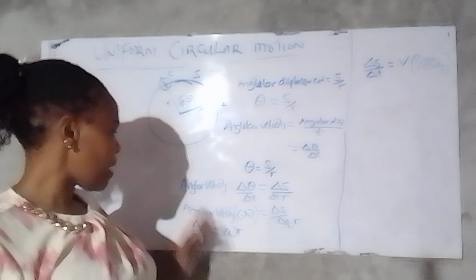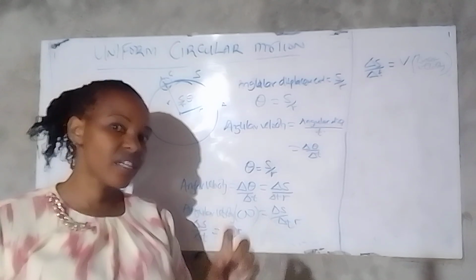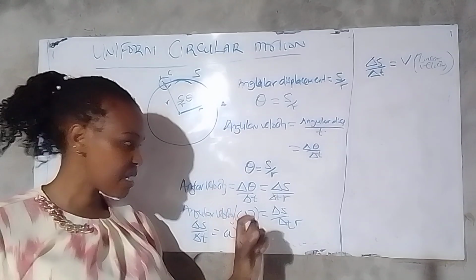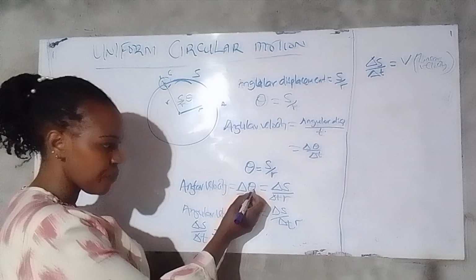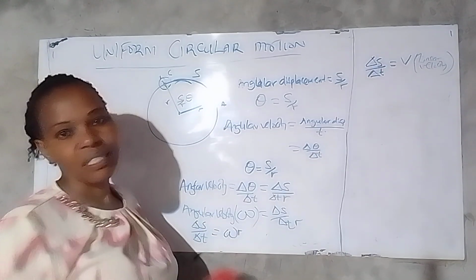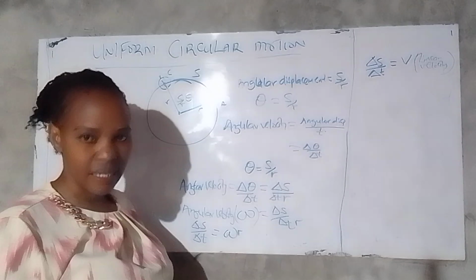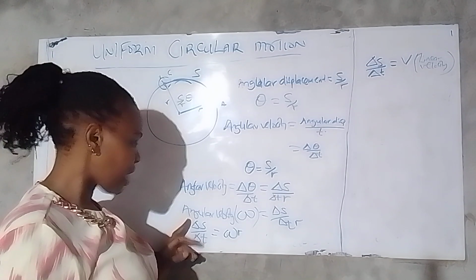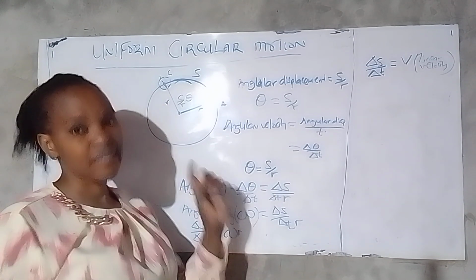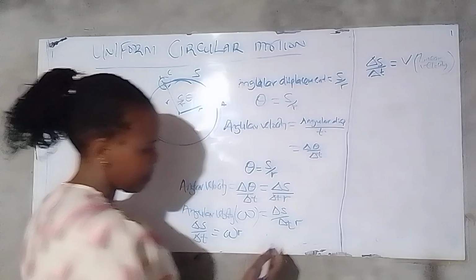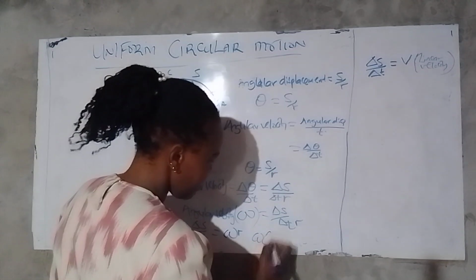Remember, angular velocity will be in radians per second, because it is delta theta, where theta is in radians, over delta T, which is in seconds. So whatever you get as angular velocity, omega, is in radians per second.